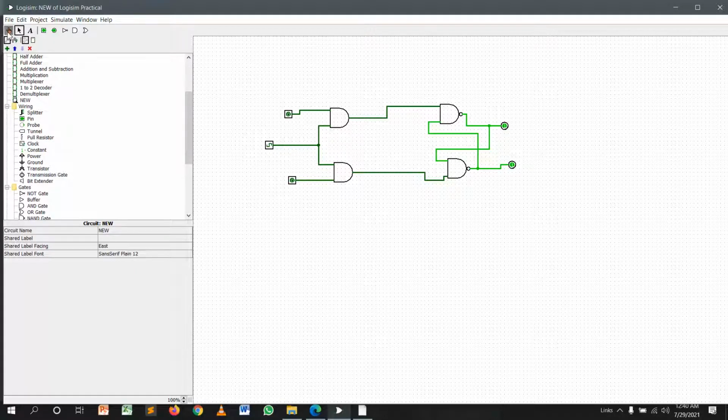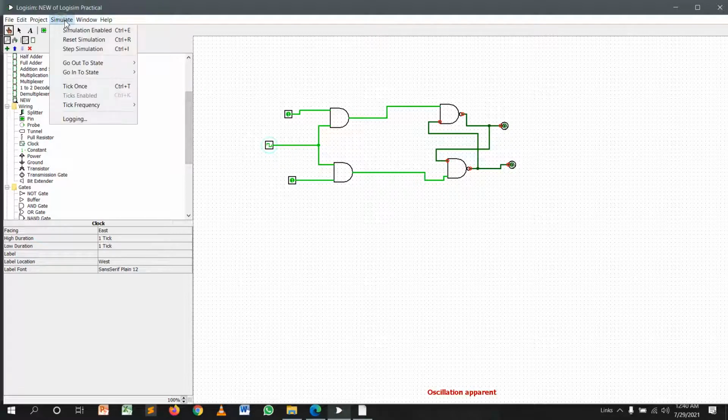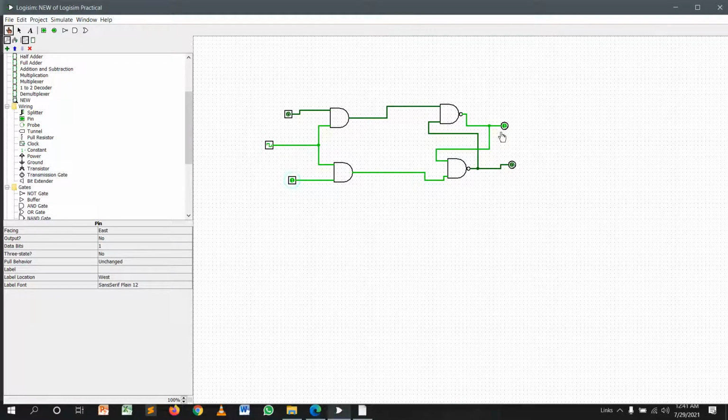Then I implement it, and I input 1 and 1. You can see no change, because this clock signal is 0. Then I input clock signal as 1. You can see there is an error in this circuit. Therefore, I simulate reset as 1 and again simulate the circuit. Then I input 1. You can see this output changes, and it's 0 and this one is 1.